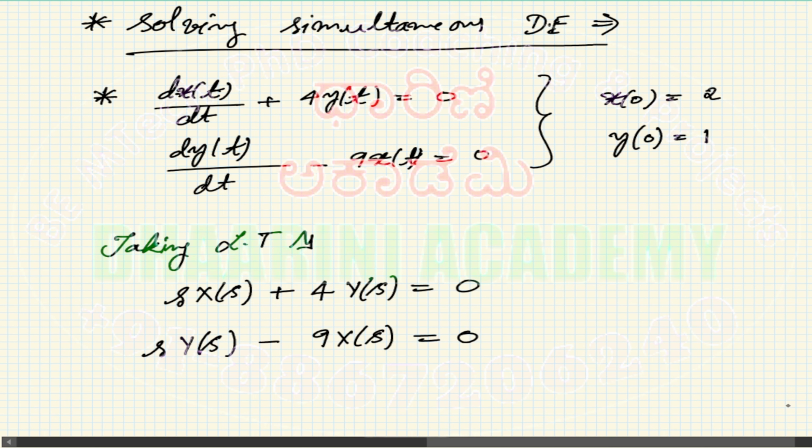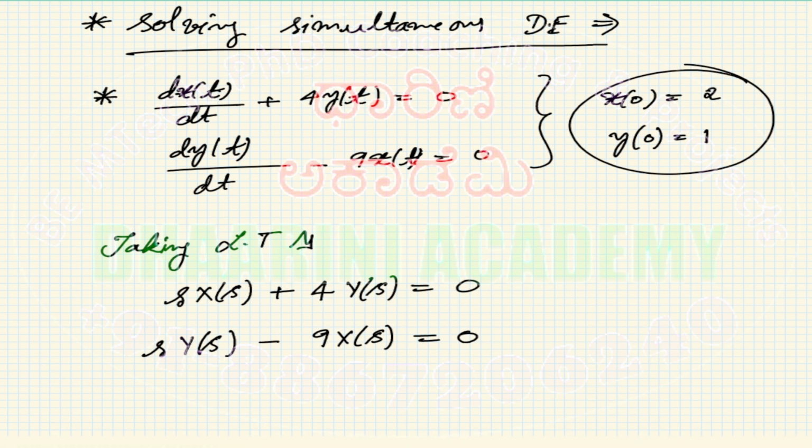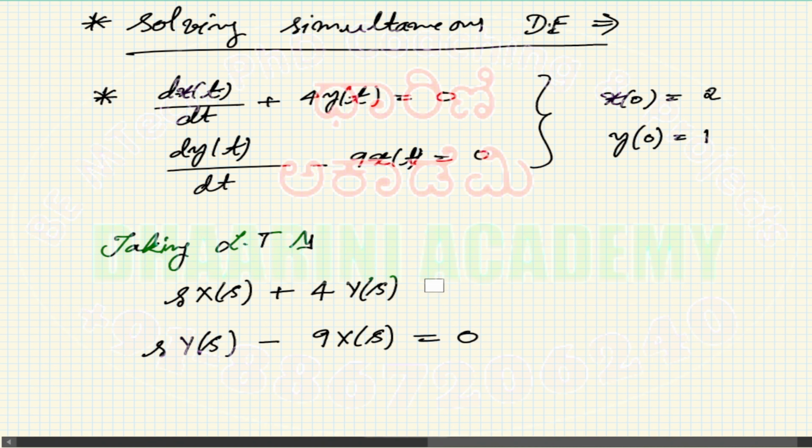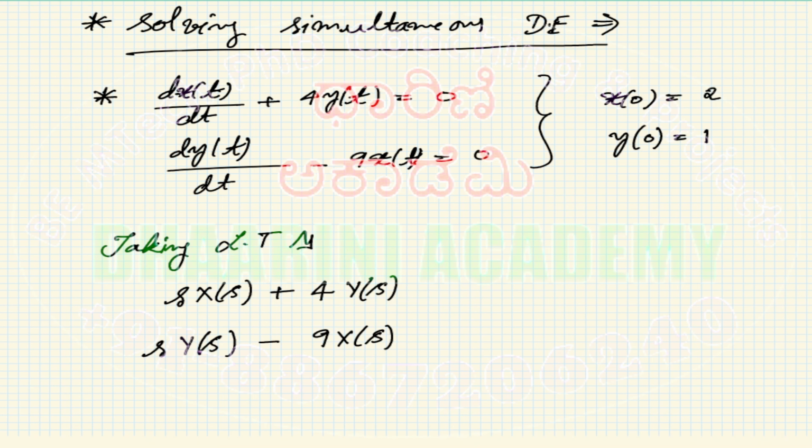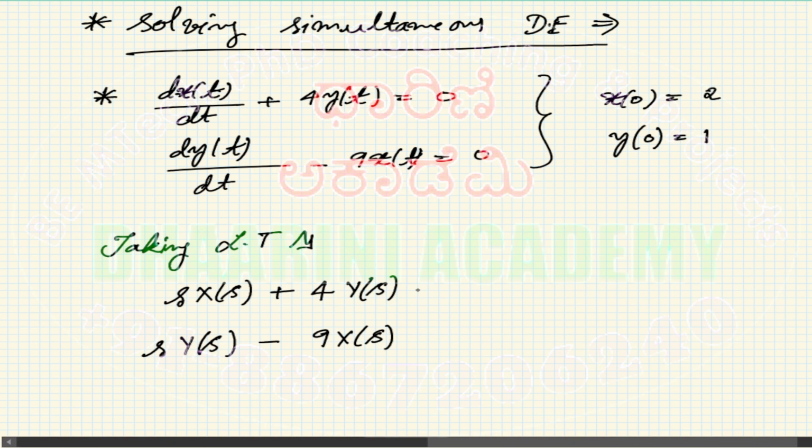Since we are applying this to differential equations and trying to solve, it's expected that you apply the initial conditions as well. So I have to include even the x of 0. I didn't write the initial conditions here. So s into x of s minus x of 0 should be applied, because this and this should come together.